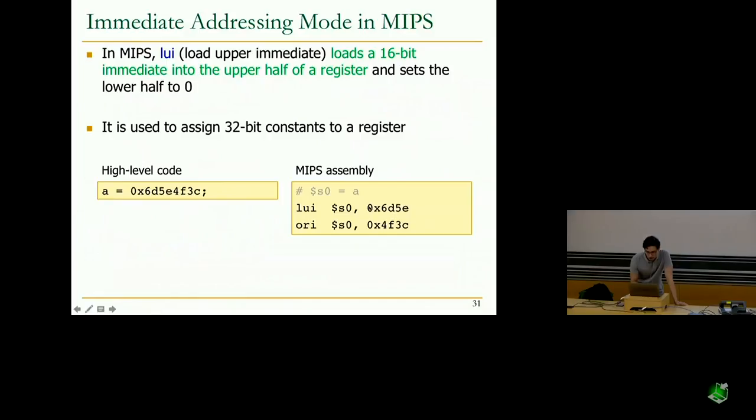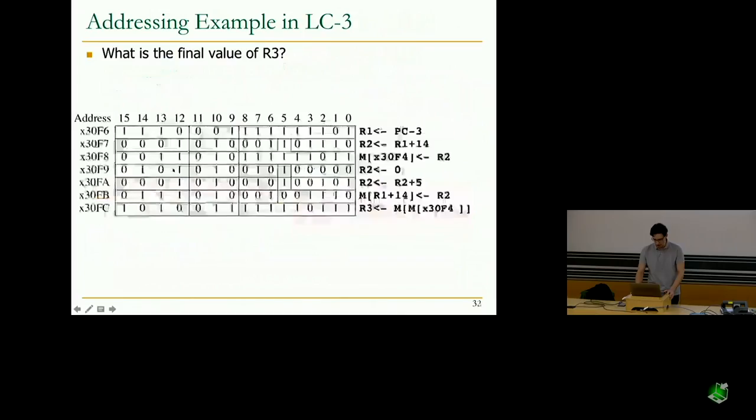This LUI instruction essentially copies these 16 bits into the 16 most significant bits of S0. And then we just need to OR S0 with the remaining 16 bits, the 16 least significant bits of the value that we want to store. We will see later again how to use this.